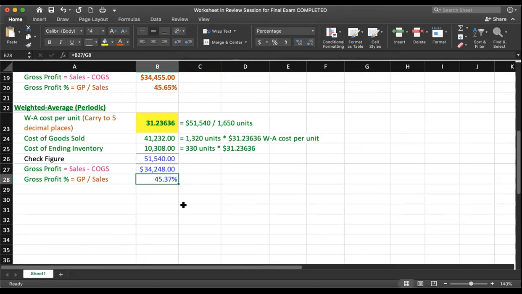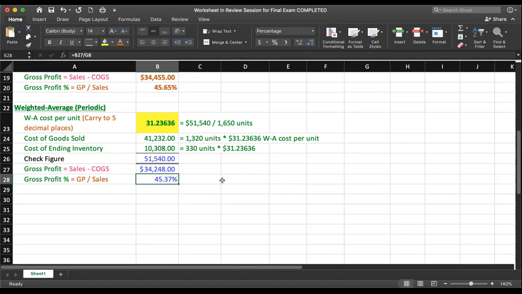But the point is, if you use FIFO, LIFO perpetual, LIFO periodic, weighted average periodic or weighted average perpetual, you're going to come up with sometimes slightly, sometimes greatly different numbers allocated to cost of goods sold and ending inventory, which affects gross profit and the gross profit percent.